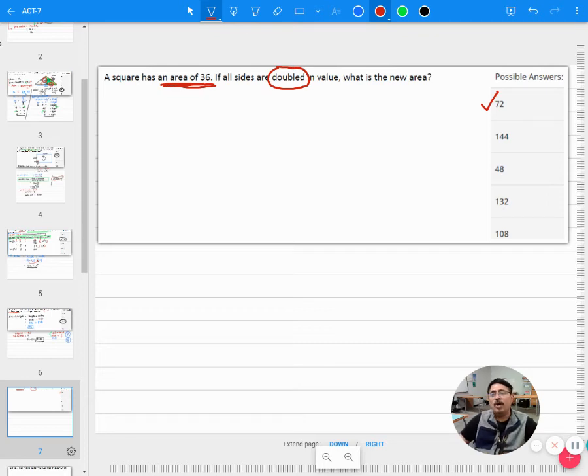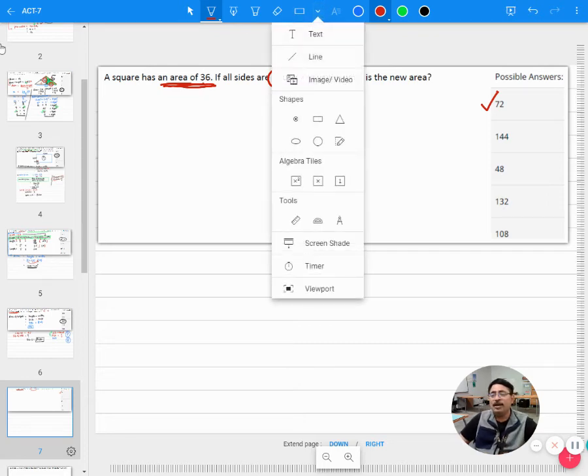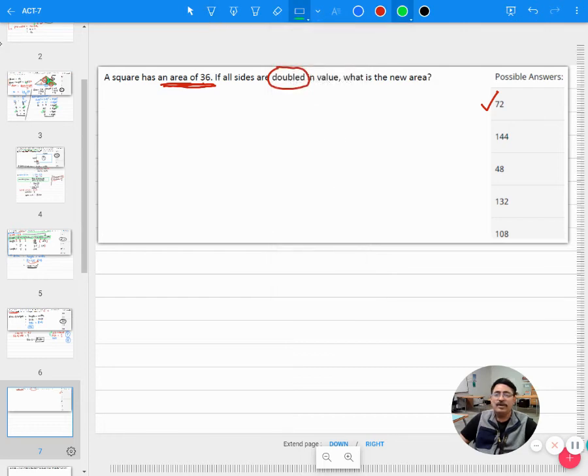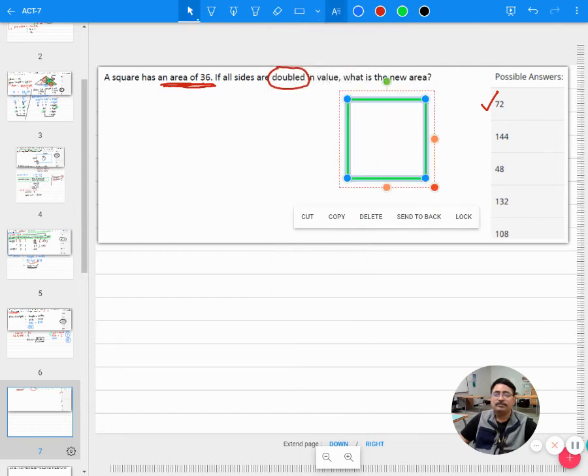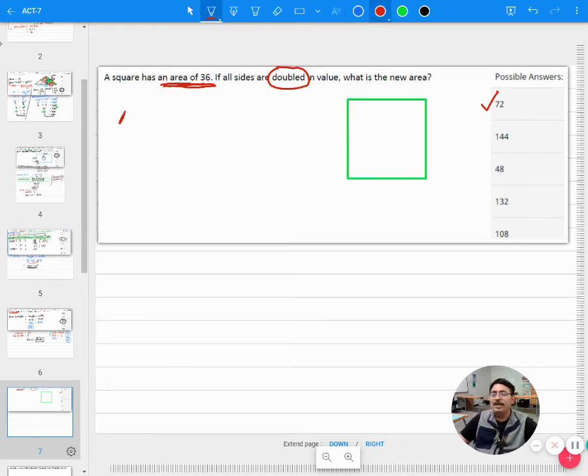So how come? Let's say that you are given a square, and now I'm taking that area. Oops, let me use a different color. The area of a square, we know that it is side times side, or maybe side square, and the area is given as 36 here.